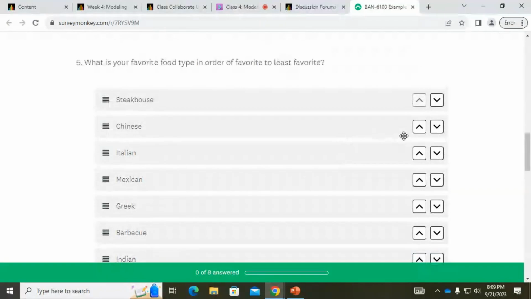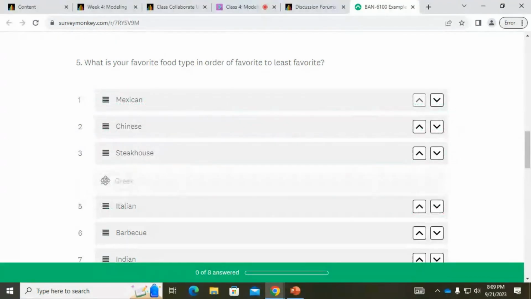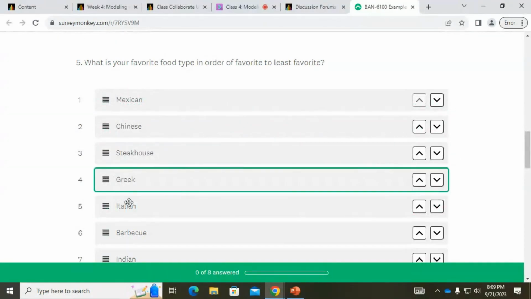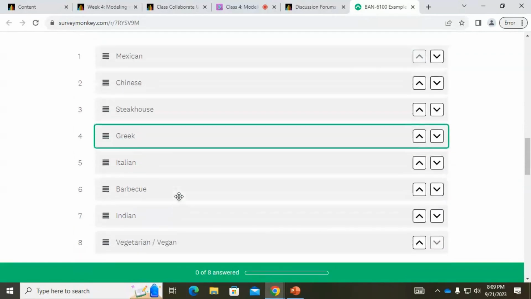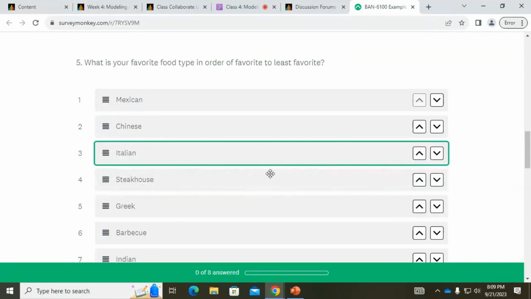Okay, what is your favorite food type in order of favorite to least favorite? This is one where you can actually drag and drop. This is also to show you all the different kinds of questions that you can have. So we still have categories, but now instead of being nominal, they are ordinal because we're actually putting them in an order.